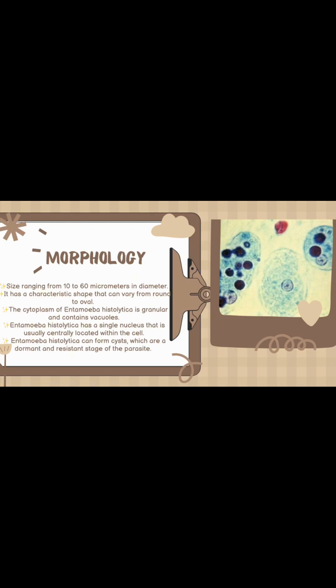The cytoplasm is granular and contains vacuoles. It has a single nucleus that is usually centrally located within the cell. Entamoeba histolytica can form cysts, which are a dormant and resistant storage form of the parasite.